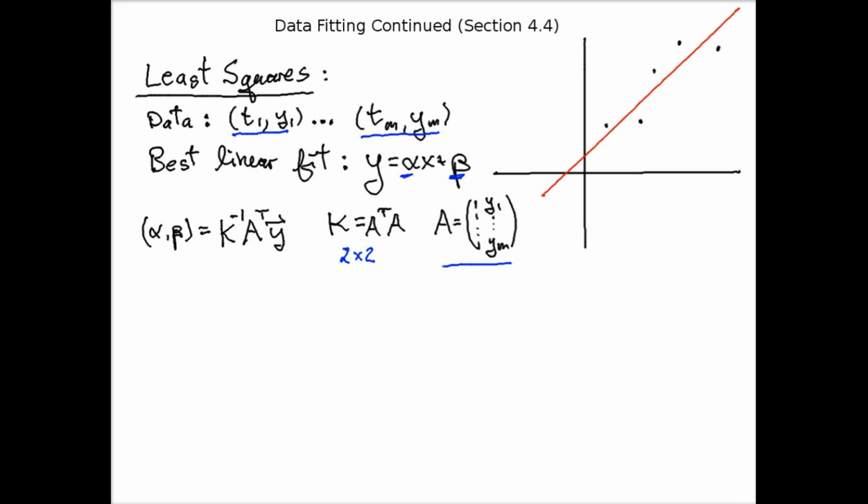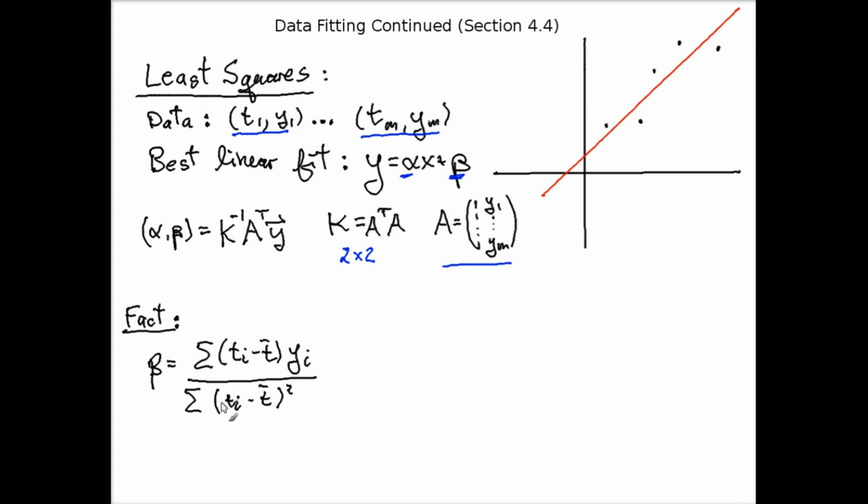If you look in the book, it's possible to work this out in general, basically skip all of the linear algebra and just give the answer. And the answer is the following: beta has the following expression, the summation of Ti minus T bar times Yi over the summation of Ti minus T bar squared.